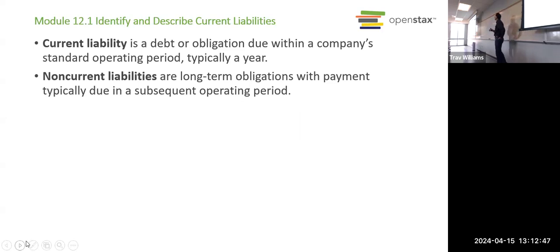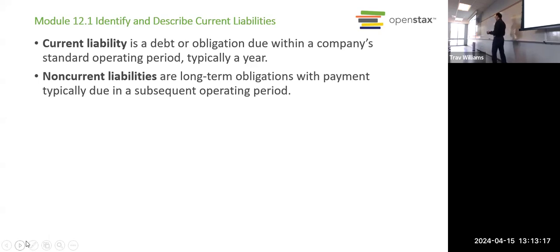So current means within a year, meaning the debt has to be paid within a year, or it could be an operating cycle. And if you don't remember that term, it's how long it takes from the time a company buys its inventory, for example, sells it, collects the money from their customer, and then is able to repeat the process.